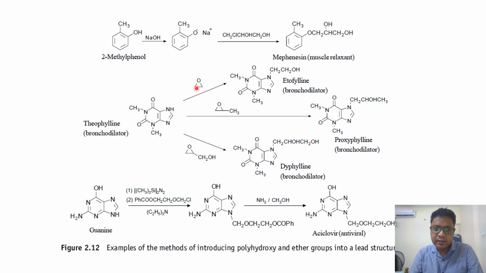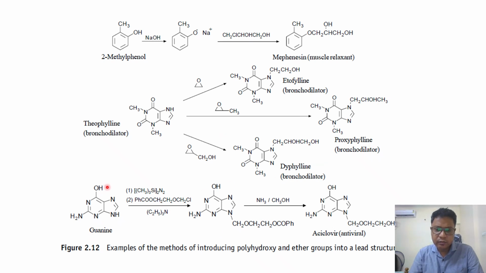So it will attack this electrophilic center and open the ring, and it will be attached with the OH functional group, which gives a very important bronchodilator drug molecule, named etofylline. Similarly, we can react the parent drug molecule with different other epoxides to incorporate various polyhydroxy groups here, and the drug molecules will be proxyphylline, the bronchodilator, and diprophylline, like that. So this is how we can use epoxides to incorporate the OH group in the parent drug molecule to improve its water solubility and activity.